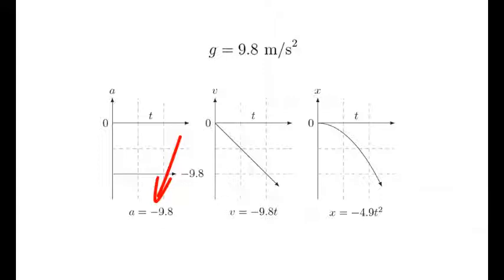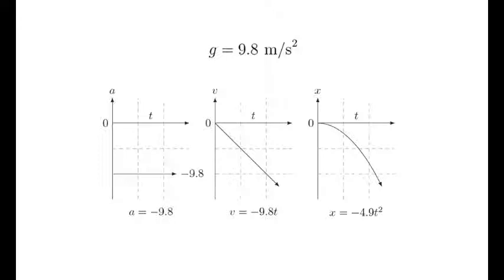It took me a while to figure out why in the book we write g equals 9.8 meters per second squared. I would get asked this question all the time: why doesn't it have a negative sign in front of it if the acceleration due to gravity is down? Well, the short answer is this is just representing the magnitude of the acceleration. It's like speed and velocity. This is the magnitude of the acceleration regardless of direction.